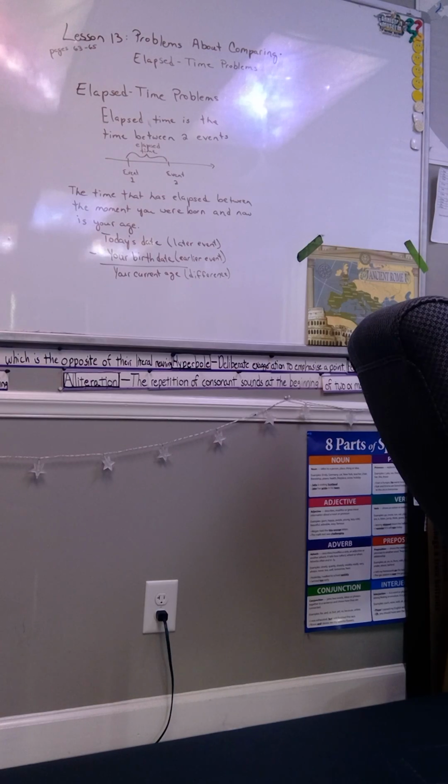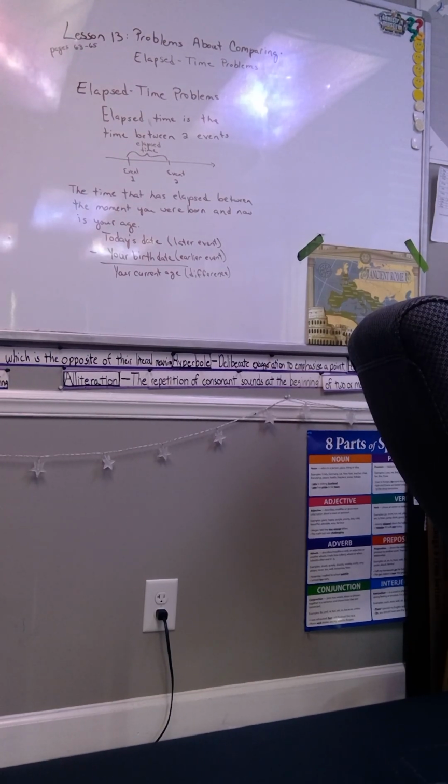So then it was reinstated during World War II under President FDR. And it stayed daylight savings time from February 9th, 1942 to September 30th, 1945.